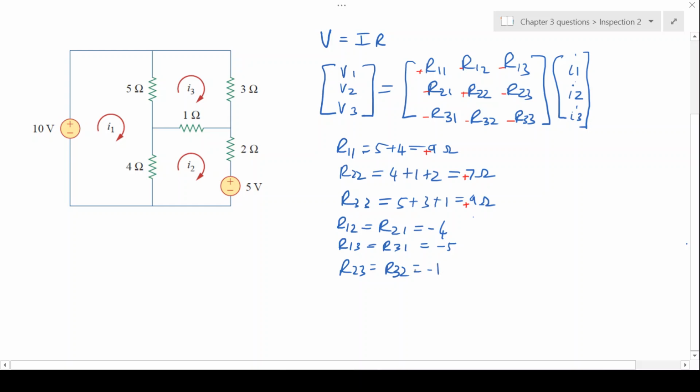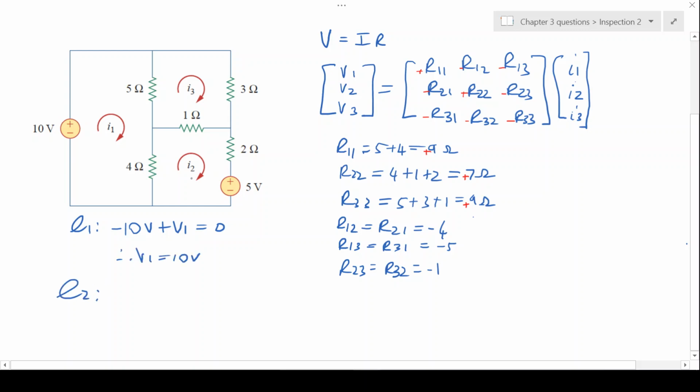Right, so we've got all our resistance entries. The next thing is to determine the voltages. So how do we determine the voltages? We sum the voltages in each loop and we just add them to V1. So in loop 1, we're going to say KVL, negative 10 volts plus V1 gives you 0. Therefore, V1 is going to give you 10 volts.